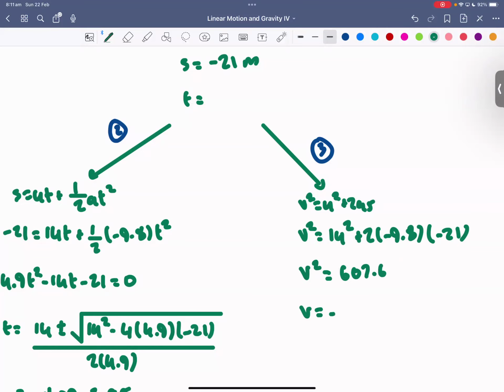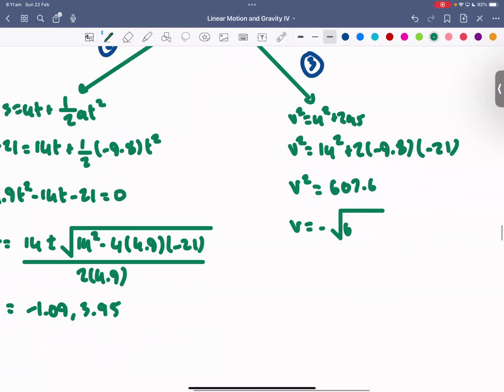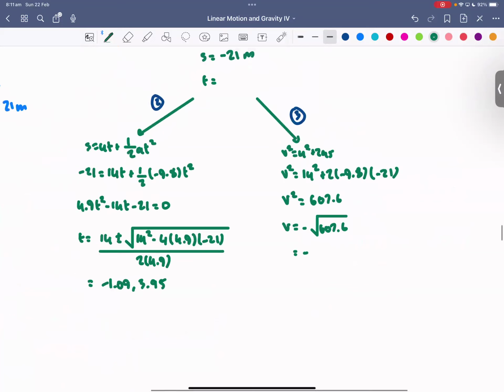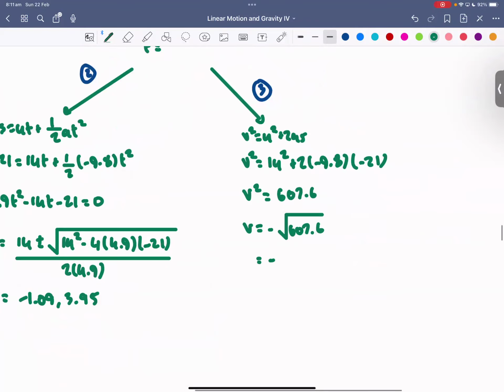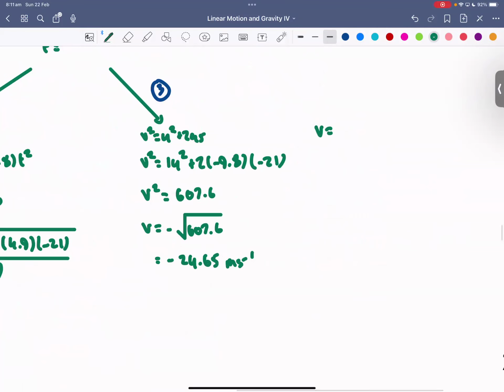607.6. When you square root, I hope everyone's only giving me the negative root, because I only want to know on the way down. And what is your V? Negative 24.65. And now there's nothing stopping me from just doing V equals U plus AT. Negative 24.65 equals U, which is 14, plus minus 9.8t.